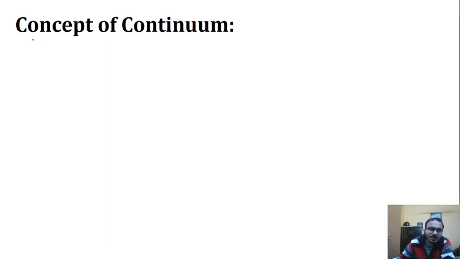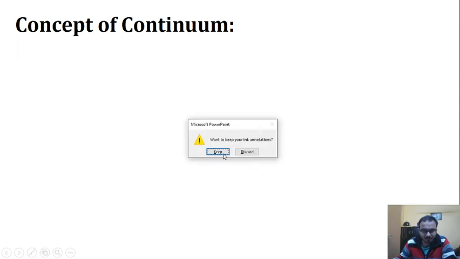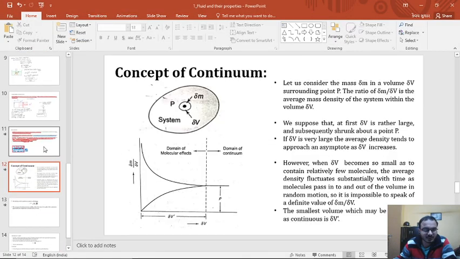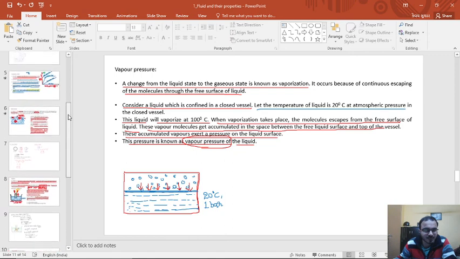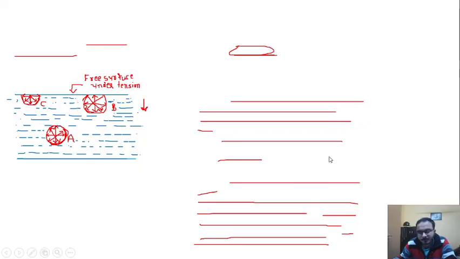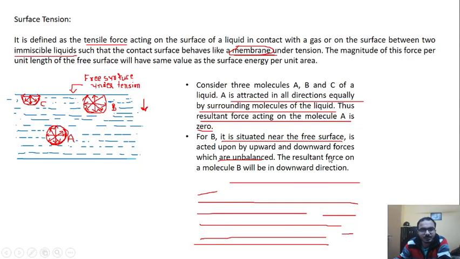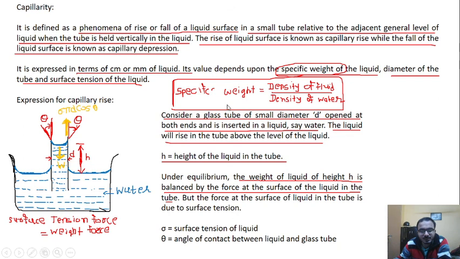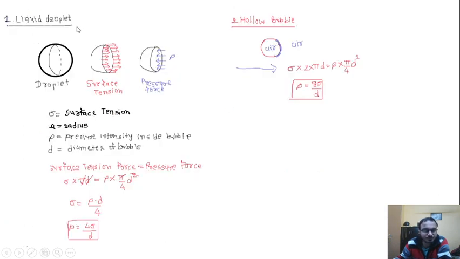Our next topic is the concept of continuum, but we will continue this topic in our next lecture. So let's quickly revise the topics that we have discussed today. We started with surface tension, in which we derived the formula of pressure for a liquid droplet and a hollow bubble in terms of surface tension sigma.